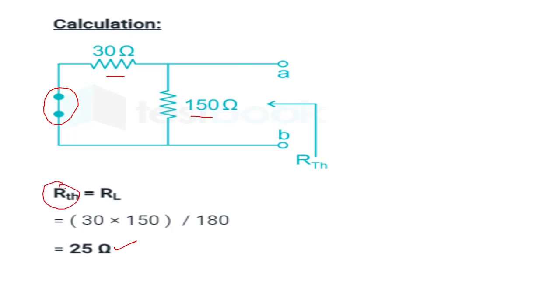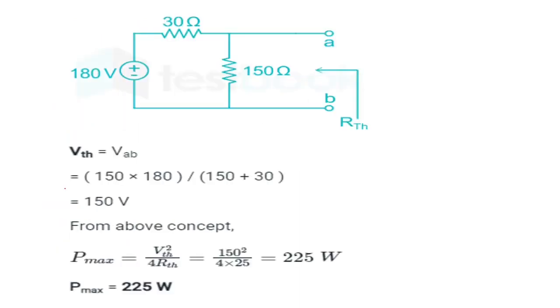Now we will find out the power also. To find out the power, we have to first find out what is the Thevenin's voltage. Thevenin's voltage is the voltage across AB, across these two points. So this will be nothing but 150 into 180 upon 150 plus 30.